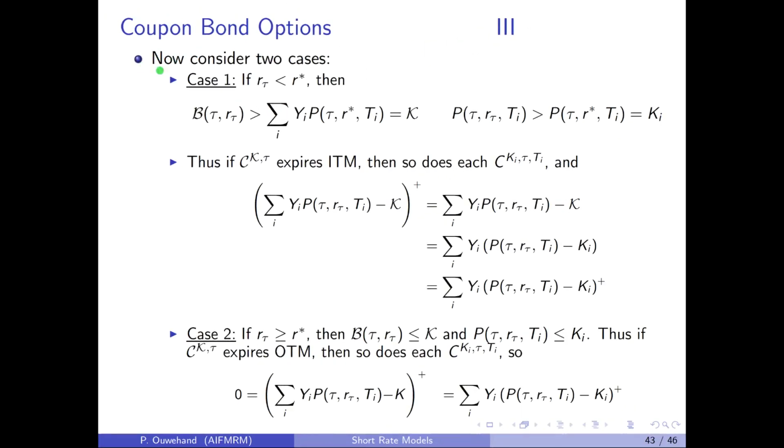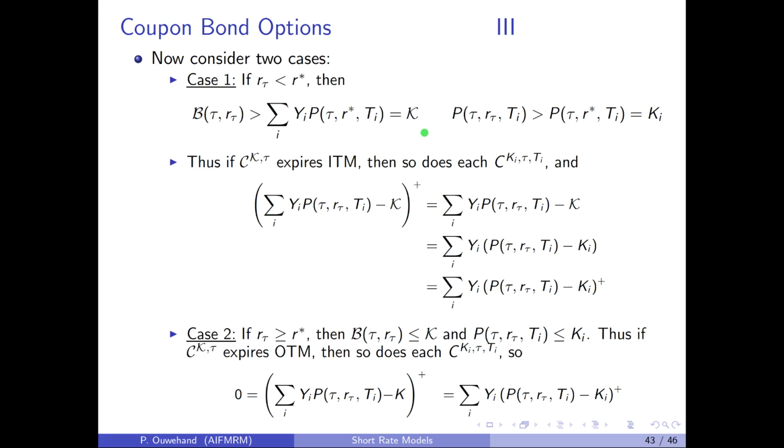We now consider two cases. In the first case, the short rate R_tau that we observe at time tau is strictly less than the critical value R*. In that case, because bond prices are decreasing functions of the short rate, the value of the coupon bond at time tau that we actually observe is strictly greater than the value of the coupon bond using the short rate R*, which is K. In other words, the option on the coupon bond will expire in the money.